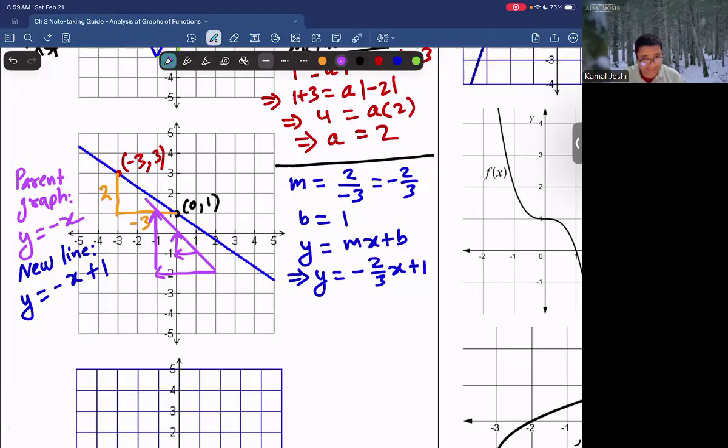That's in the parent graph. Similarly, if you go 3 units left, you go 3 units up. But in the new graph, if you go 3 units left, you go only 2 units up. So that tells you the scaling factor is 2 over 3.